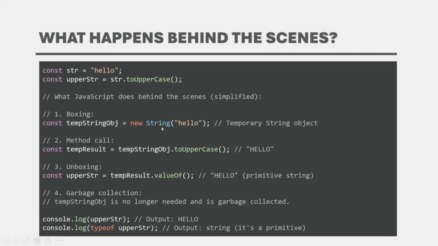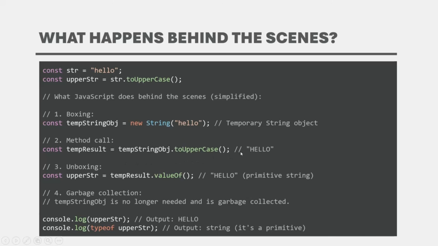So behind the scenes, from this primitive string, a string object will be created using the string constructor. On that temporary string object, the toUpperCase method will be called. And this toUpperCase method will convert that string value to uppercase, and it will return the result that will be assigned to this temp result variable in this example.